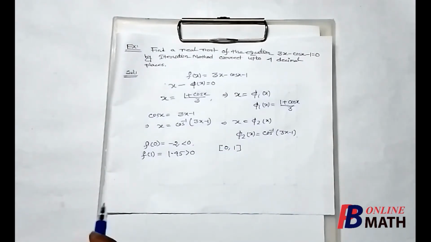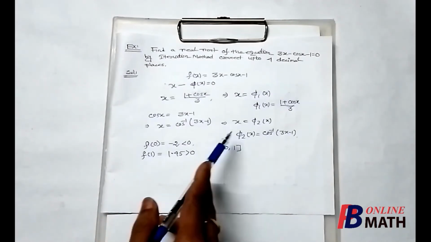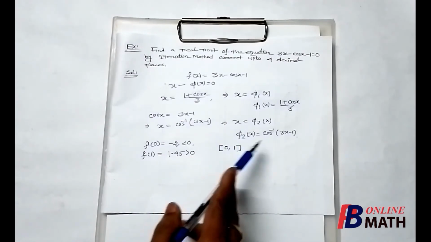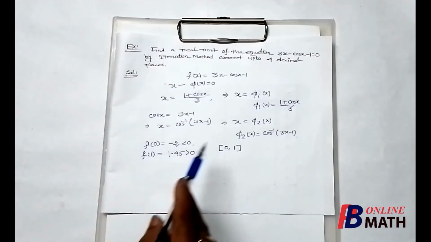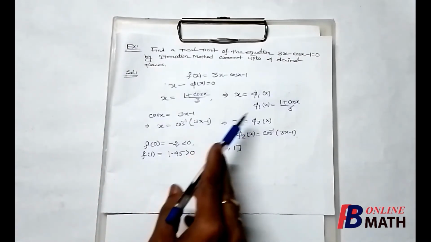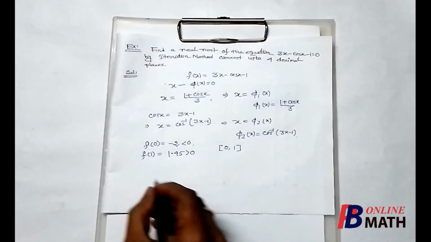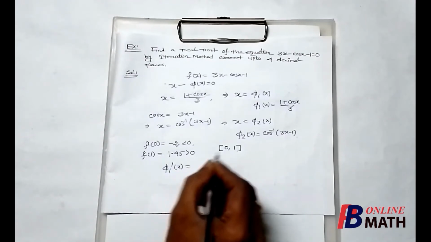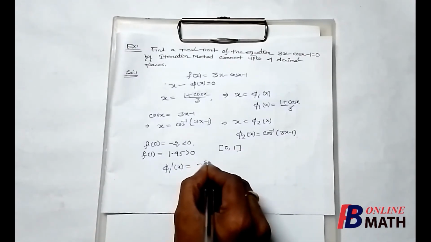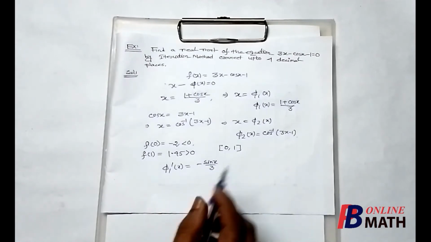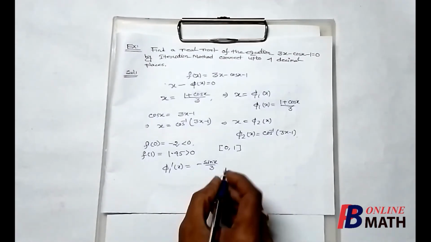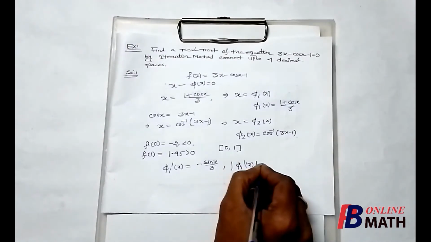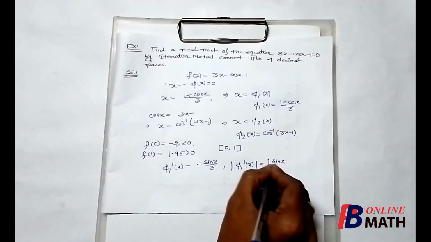That means we have to select the function phi x in such a manner that modulus of phi dash x should be less than 1 within this interval 0 to 1. For that, first we consider this function phi 1 x. If we differentiate it, then phi 1 dash x becomes minus sin x by 3. So modulus of phi 1 dash x is equal to modulus of sin x by 3.